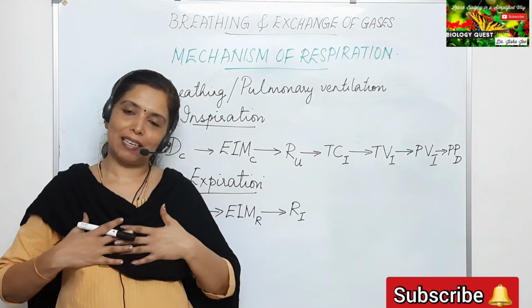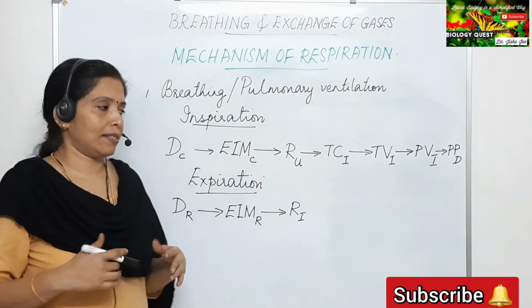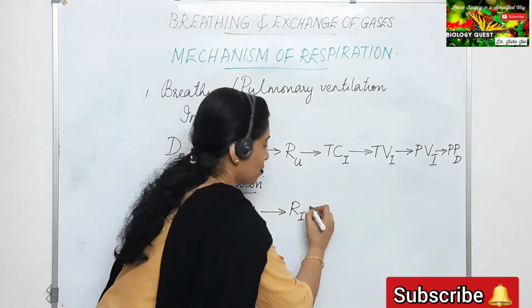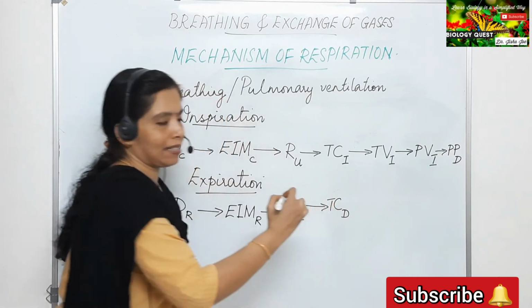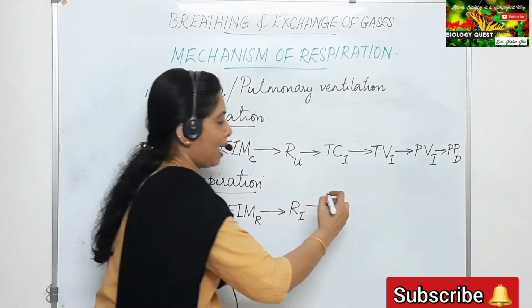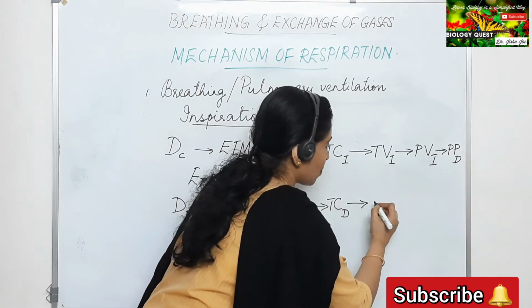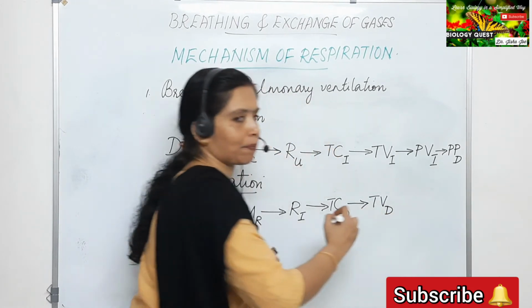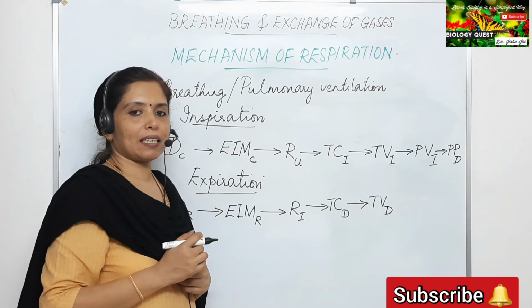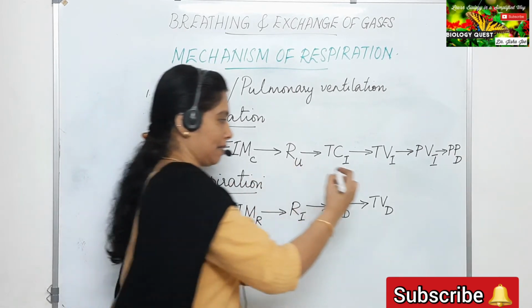The ribs and the sternum will move inwards. So what will happen to the size of the thoracic cavity? Thoracic cavity decreases in size. So what will happen to the volume of the thoracic cavity? The thoracic volume decreases. Size of the cavity decreases, so volume decreases.